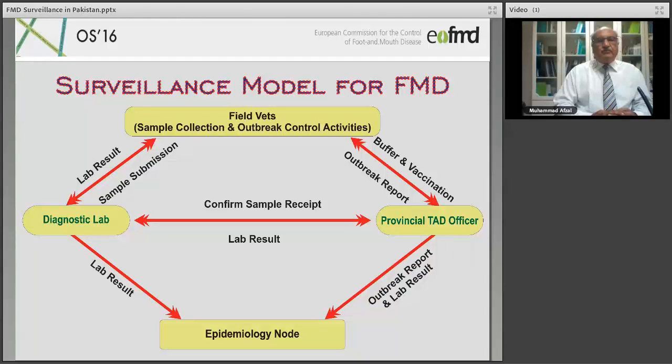The TAD officer is an important person designated by each livestock department in the country, and facilitates implementation of project activities in the province. All the information on lab results and outbreak reports is submitted to the epidemiology node at central level, where a trained epidemiologist collects all the information and analyzes the data.